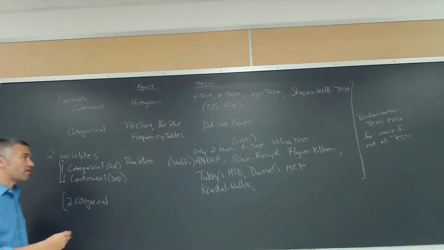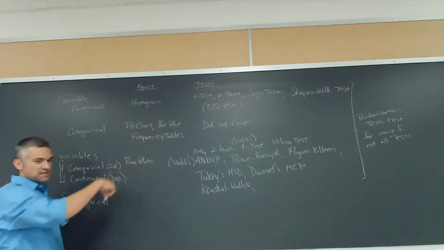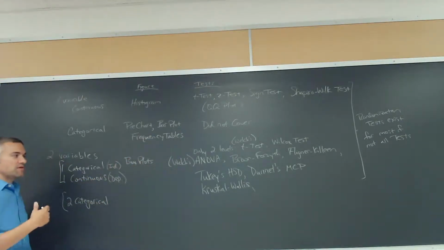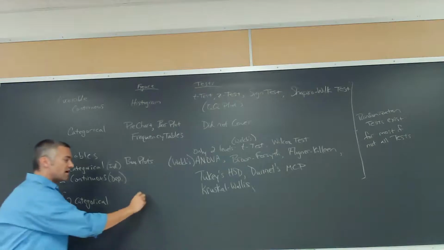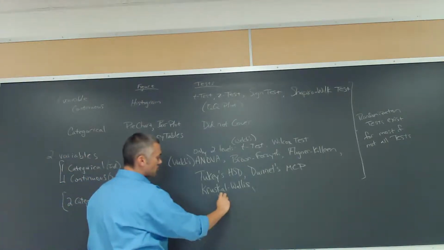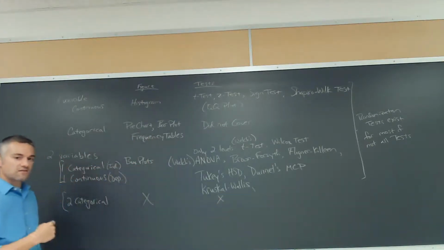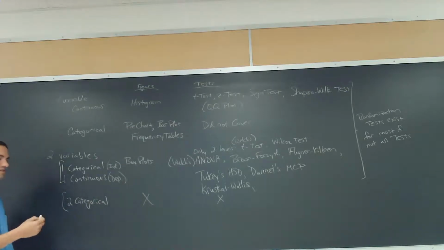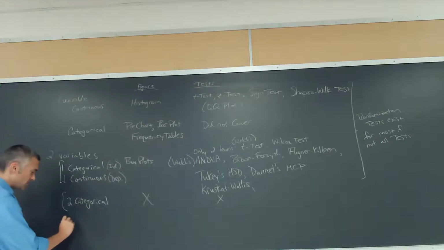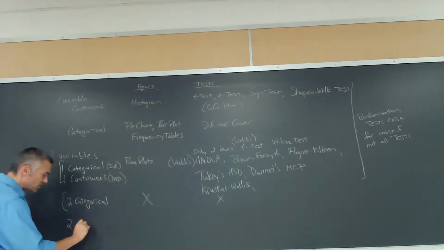We're trying to describe our data. So frequency tables are going to work. We do mosaic plots, and then we've got chi-square and a g-test that can look at those associations, tests of independence. And then we get to a situation where we have 2 continuous variables.